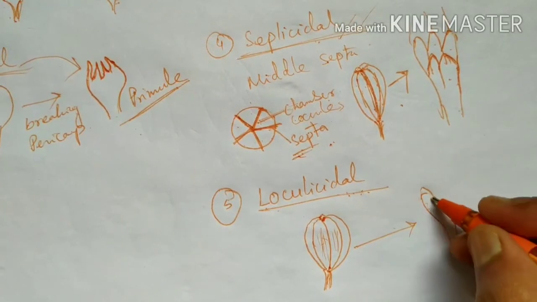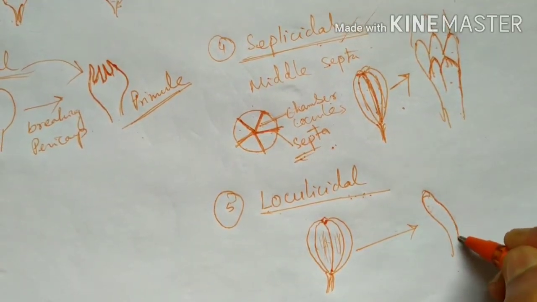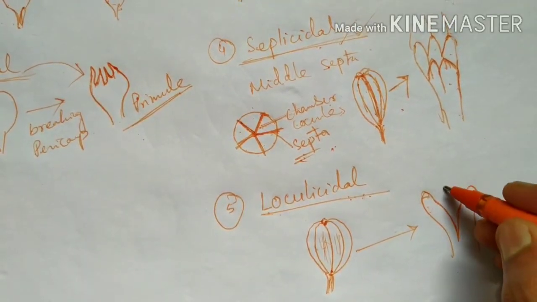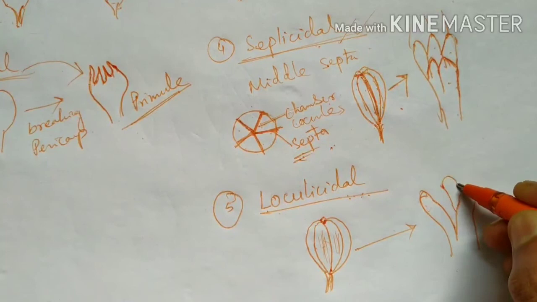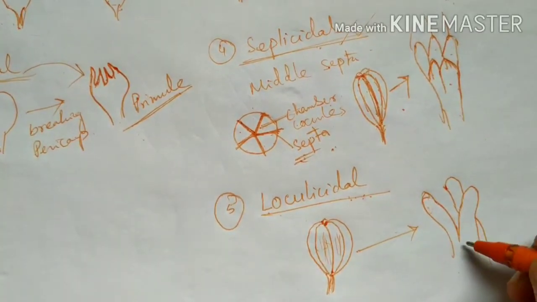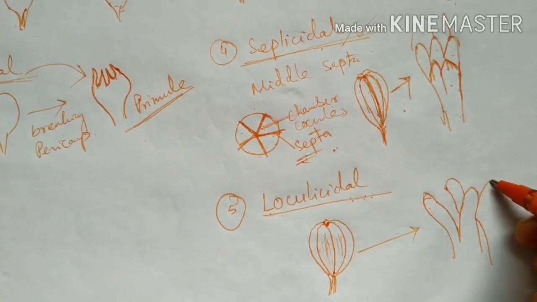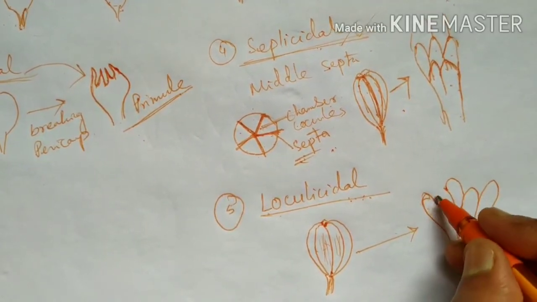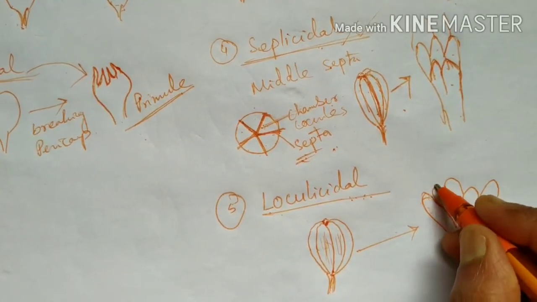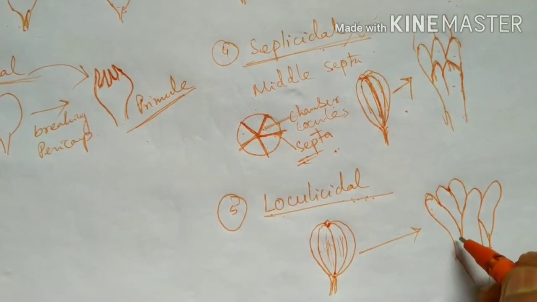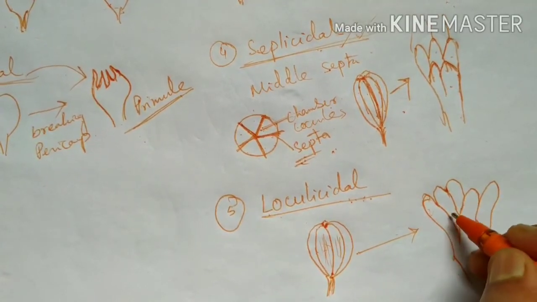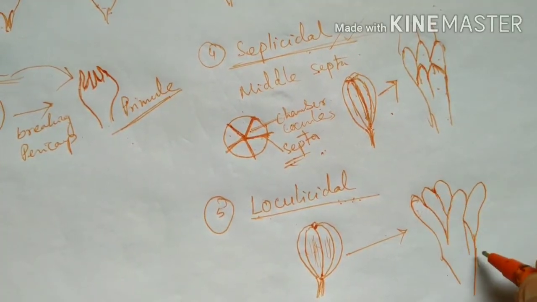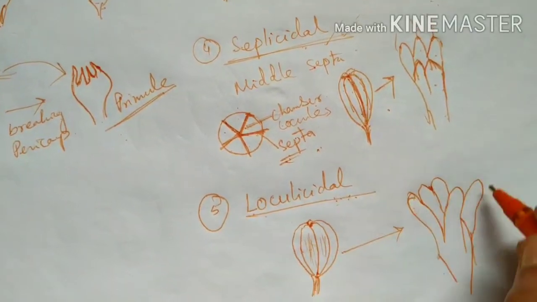After breaking of this, all parts break like this type, because all chambers break, right? So it looks like this type. So this is known as loculicidal type fruit.